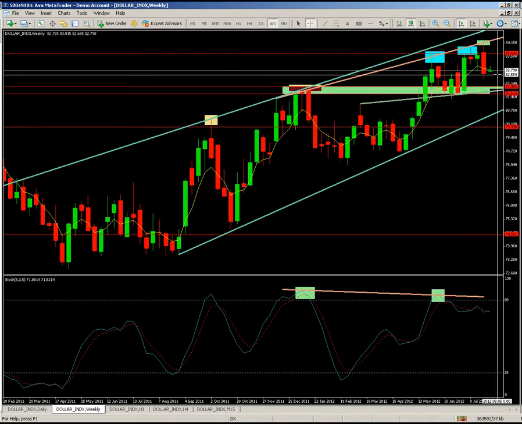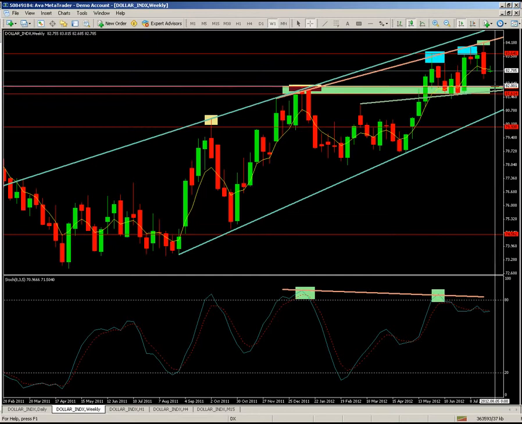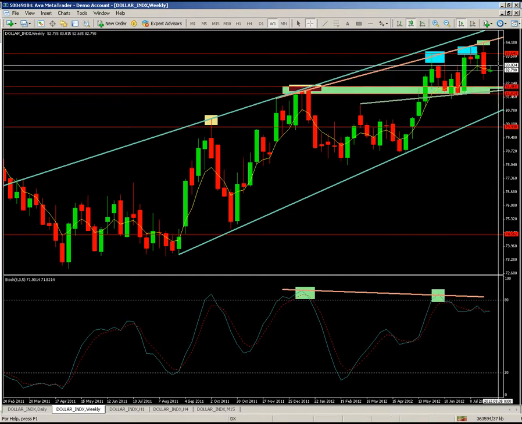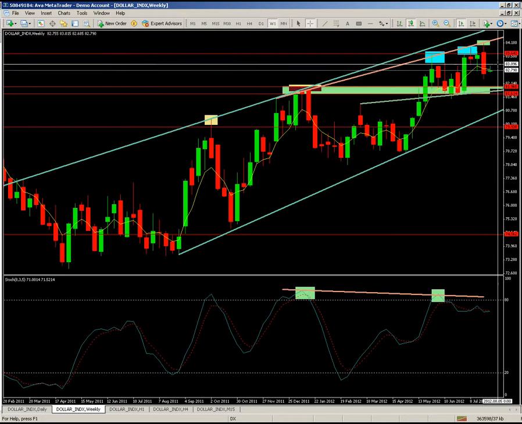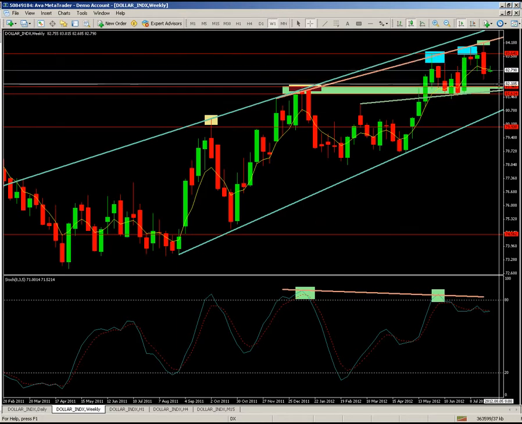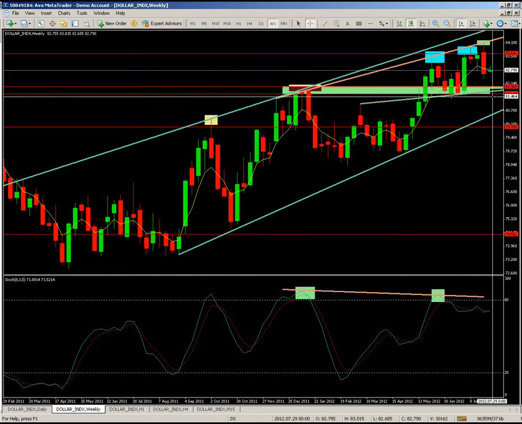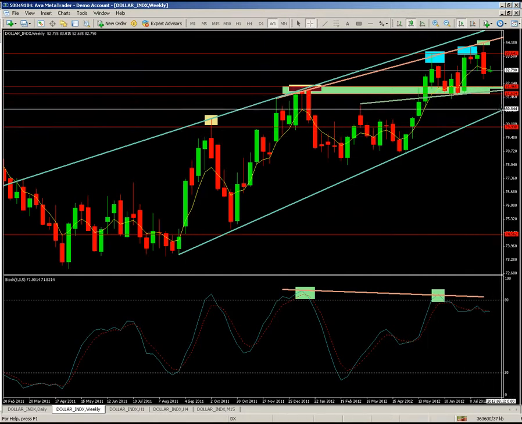So at some point I am expecting a push down into this zone, and then we can try and either test these highs or do a Fibonacci retracement of this swing, so between 83 and 83.30, and then try and push down through this support and test this trend line.